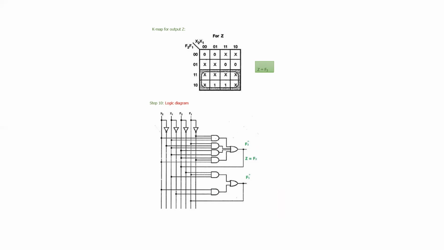Then we can go for the race-free state assignment. Then we have to write the transition table. Then we can go for the K-map for next state and output. Then finally we have to complete the logic diagram. So this is the design procedure for the design of asynchronous sequential circuits.